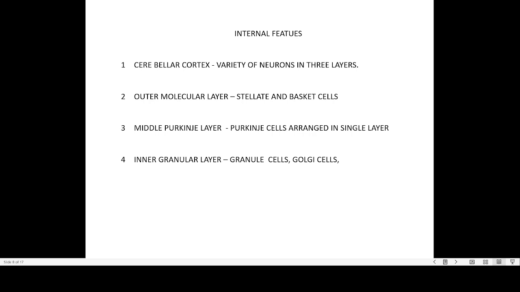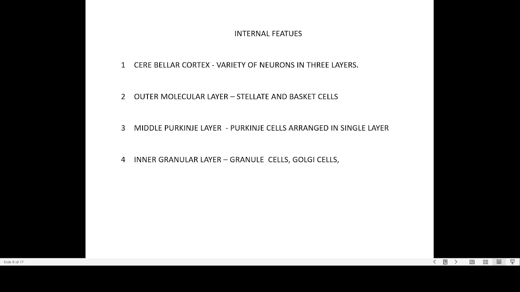Then we'll come to the internal features. The internal feature is the cerebellar cortex. A variety of neurons is arranged in three layers. What are those?